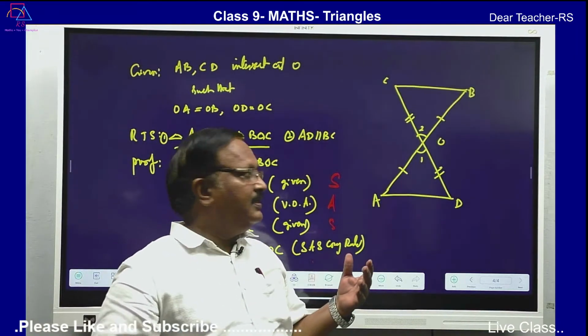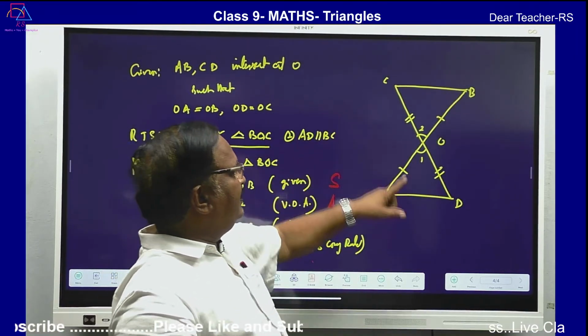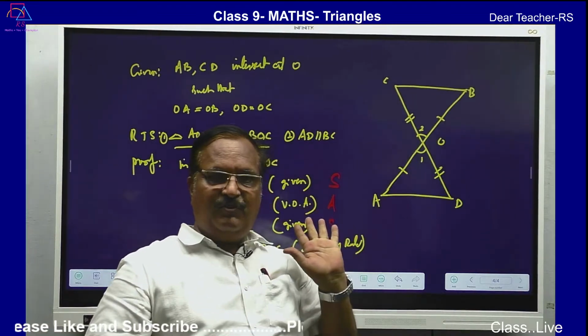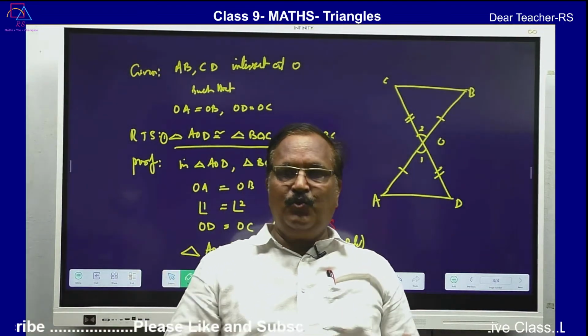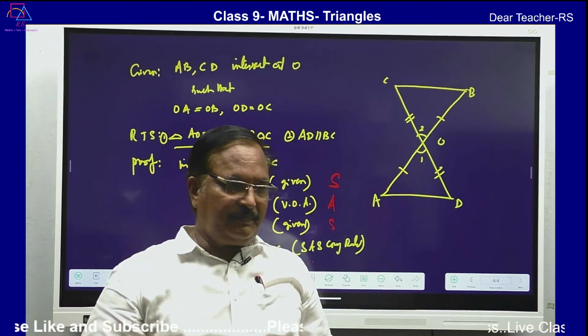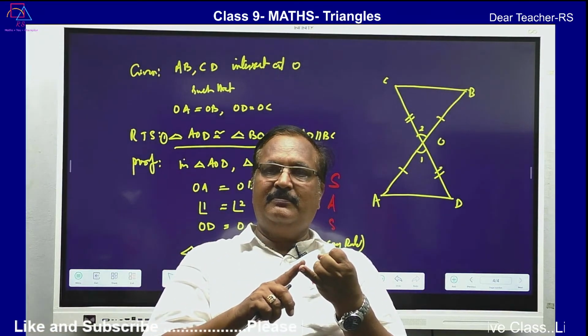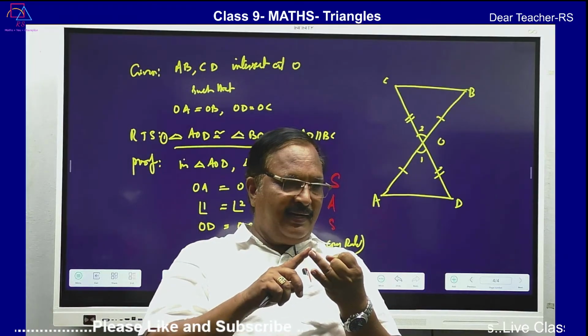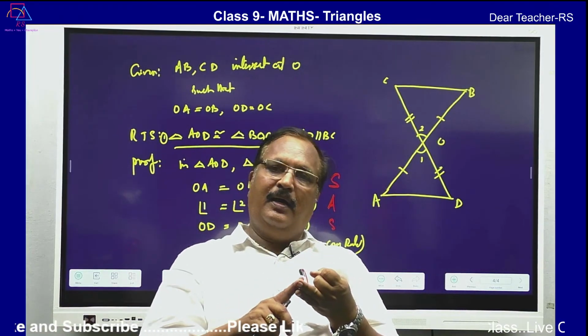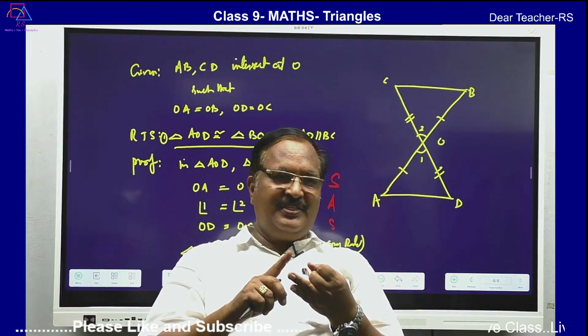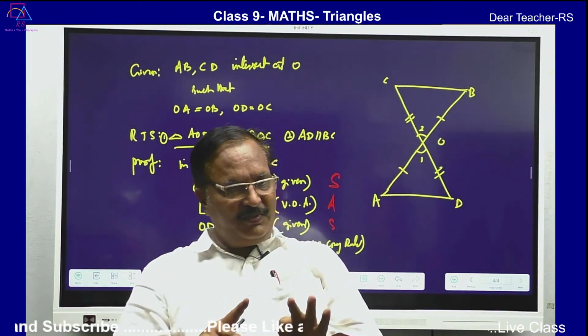Then the second one, AD is parallel to BC, that we have to prove. When two lines become parallel, either a corresponding pair of angles should be equal, or alternate interior angles are equal, or consecutive interior angles on the same side are 180 degrees.